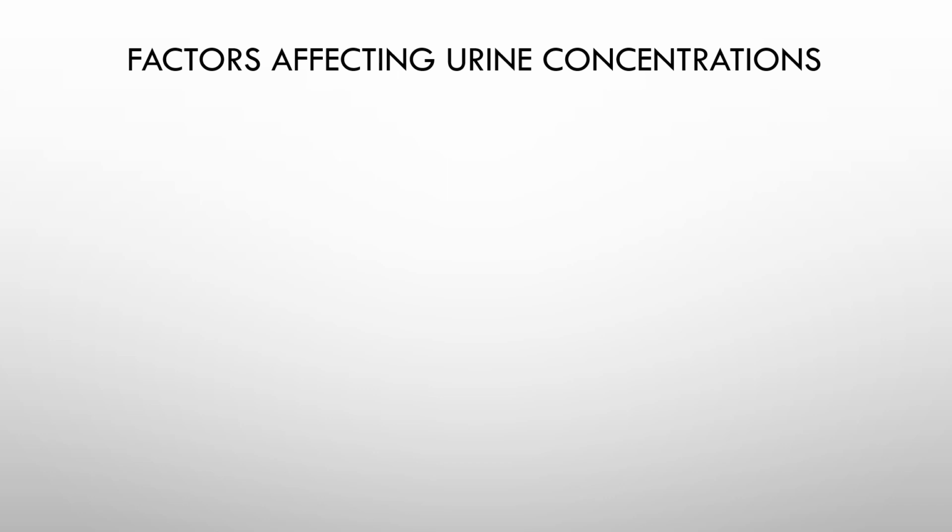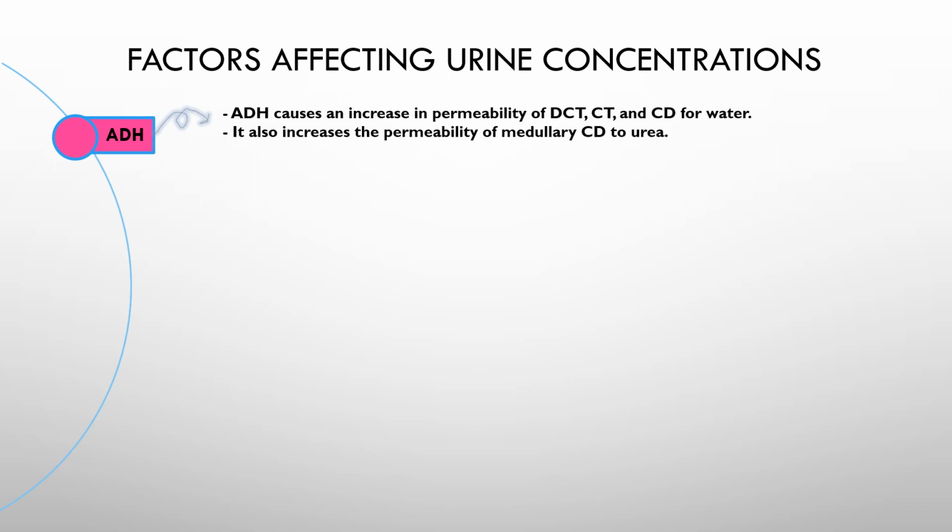Factors affecting the urine concentration. Antidiuretic hormone causes an increase in the permeability of the distal collecting duct for water, and it also increases the permeability of the medullary collecting duct to urea.